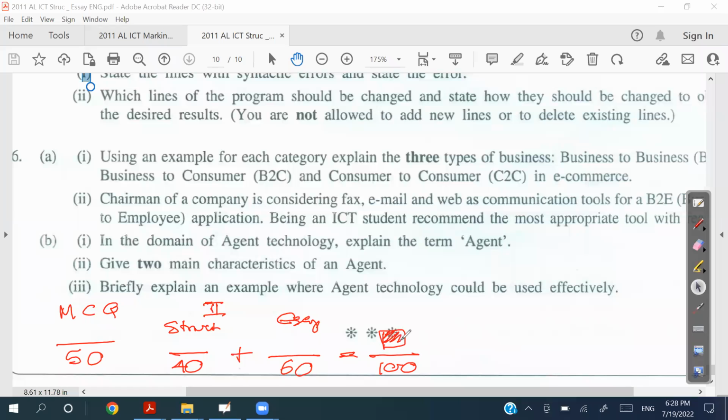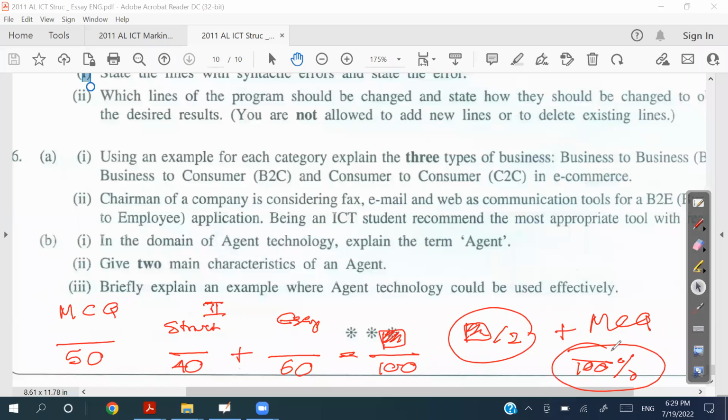Right? So you get it and divide it by 2 and add it to the MCQ marks, which will give you the percentage out of 100. Right? So see how much you got and please inform me. I need to know how things went.